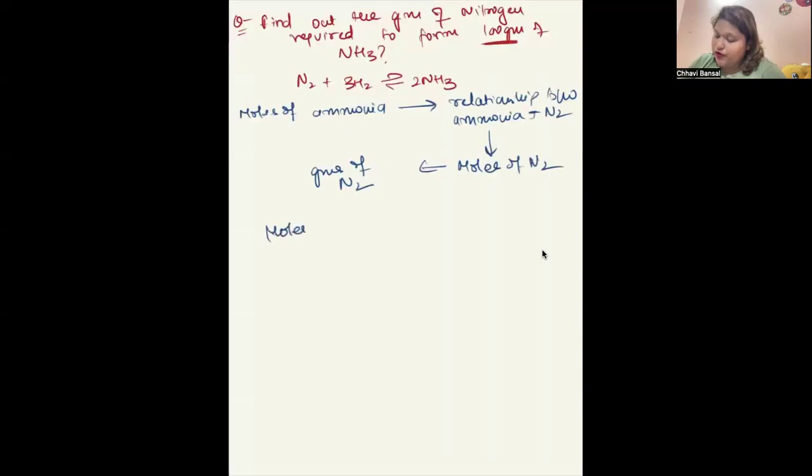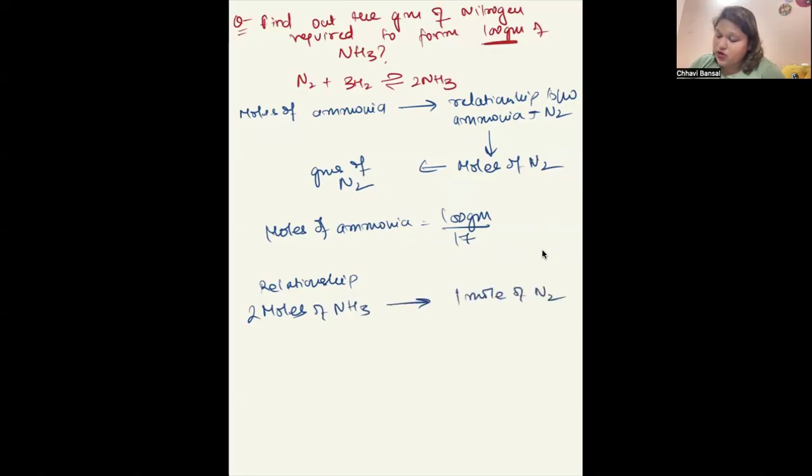So, first is moles of ammonia. Moles of ammonia will be equal to 100 grams divided by 17, right? Now relationship. 2 moles of ammonia requires 1 mole of nitrogen, right?